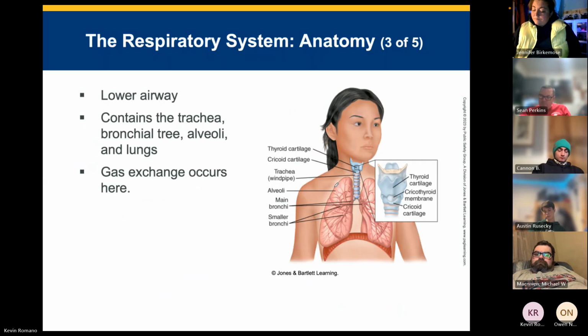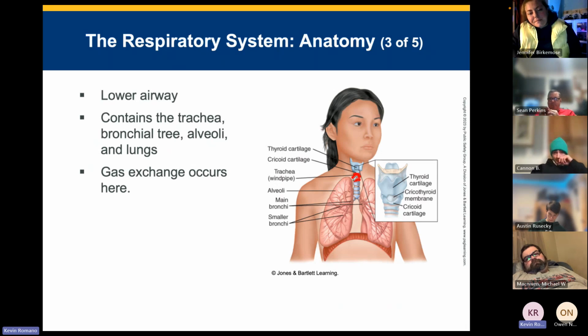All right. So the lower airway consists of the trachea, the bronchial tree, the alveoli, and the lungs. This is where that gas exchange happens. So the inferior aspect of the thyroid cartilage articulates with the cricoid cartilage or cricoid ring. Right? Important to know. In a pediatric, see the rings going around the trachea here?